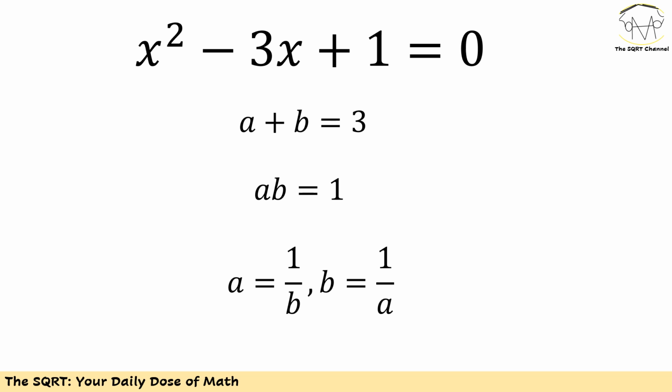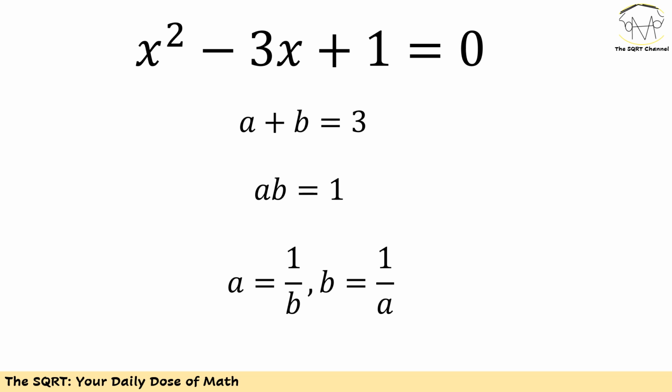Instead, I'm going to benefit from something that we know about this equation. We know that the sum of the roots is going to be negative 3 over 1, which is basically 3 here, and then a times b, which is the multiplication of the roots, is going to be 1.